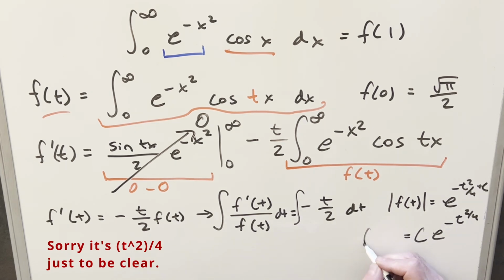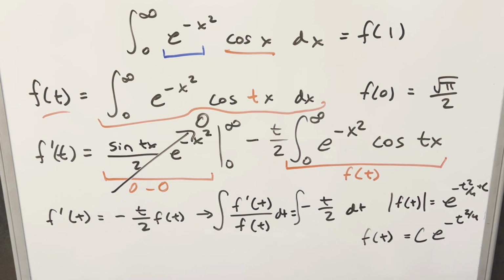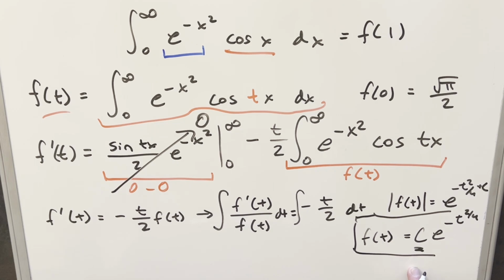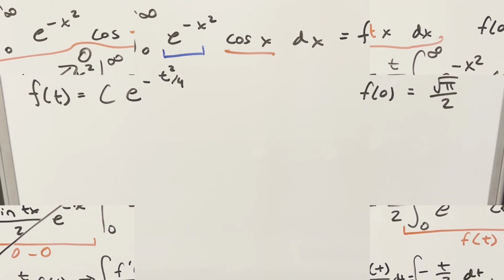I can actually drop the absolute value on this just because the absolute value is just going to be plus or minus 1. It's just going to be another constant, so it just gets absorbed in this constant. So we still have a constant we need to find, but otherwise we have our value for f of t. Keep in mind our goal is f of 1, so with f of t we're getting pretty close. Let me clean up the board and we'll just try to solve for this constant.